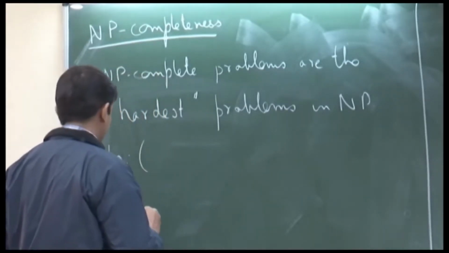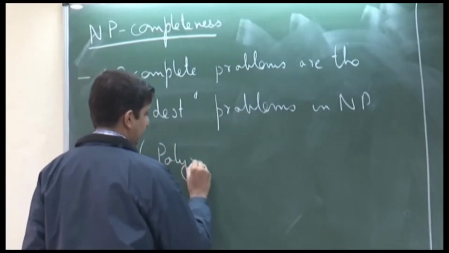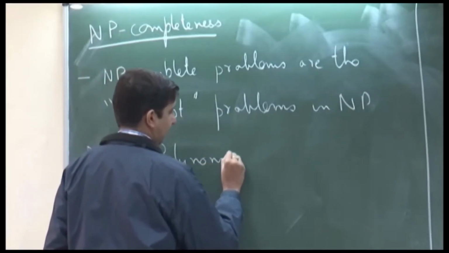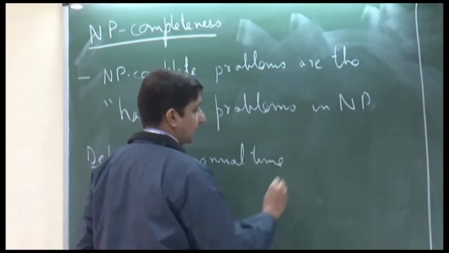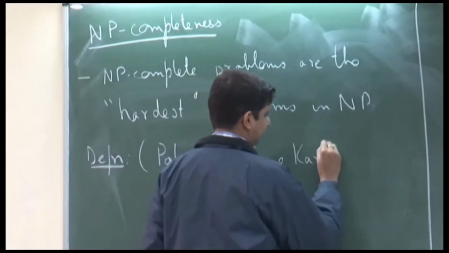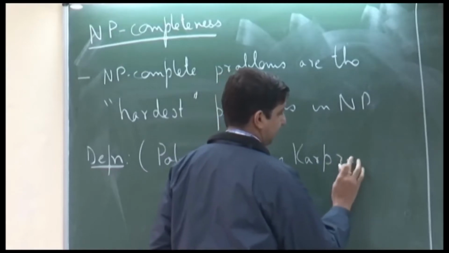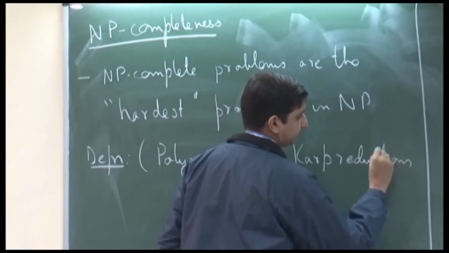We will see what are known as polynomial time Karp reductions.